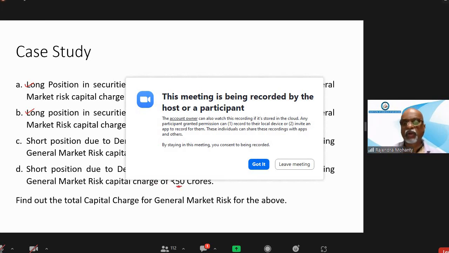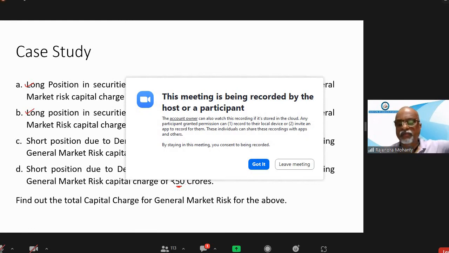Now, what is the first thing we have to do here? What is the first step for calculation? Just in the earlier slide I have written: modified duration, start with the price sensitivity. First, for this calculation, these are not required because the market risk capital has already been calculated.